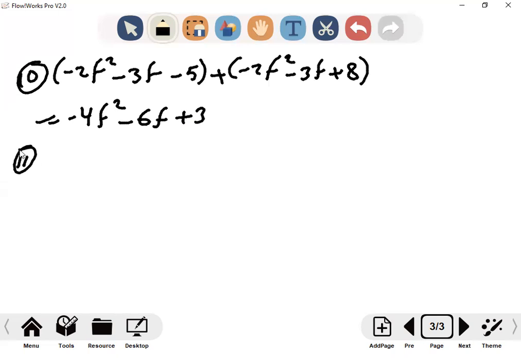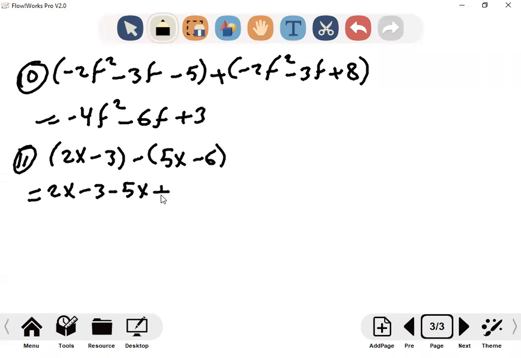Question 11. 2x minus 3 minus 5x minus 6 equals 2x minus 3 minus 5x plus 6 equals 2x minus 5x, minus 3x, minus 3 plus 6, plus 3. Is it clear? Question 12, the last one.